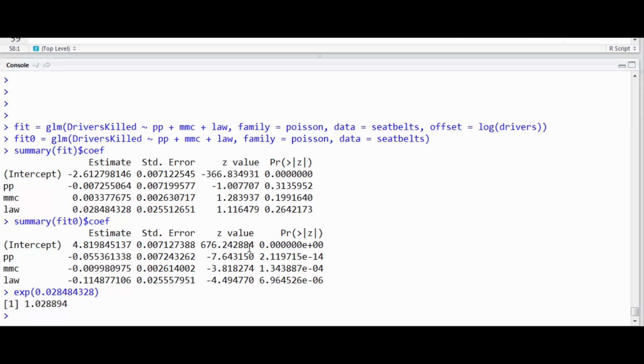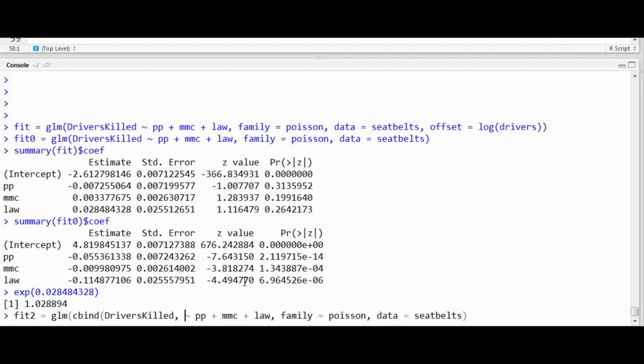Now, I want to remind us of another way we could have looked at this model. Let's say fit 2 is a GLM that does a binomial model, drivers killed, and this was covered in the last chapter.